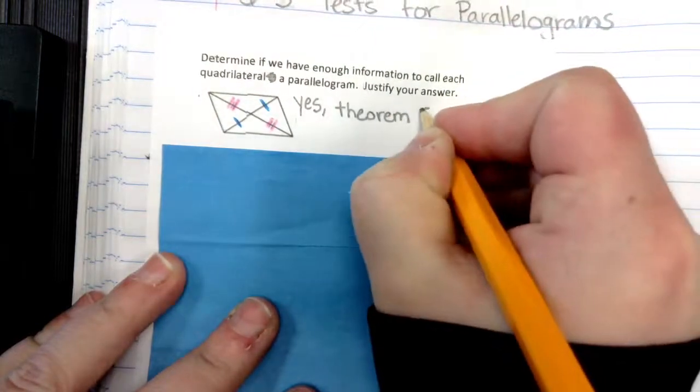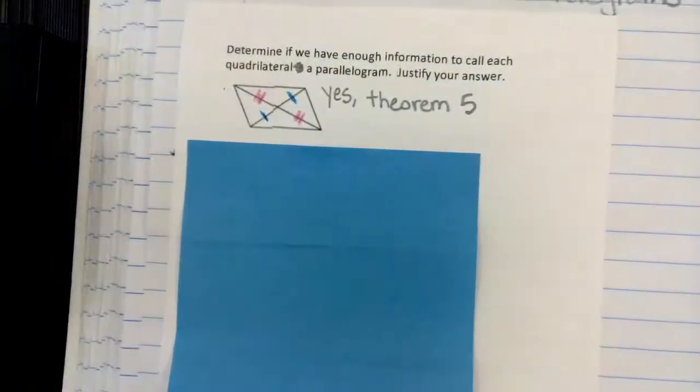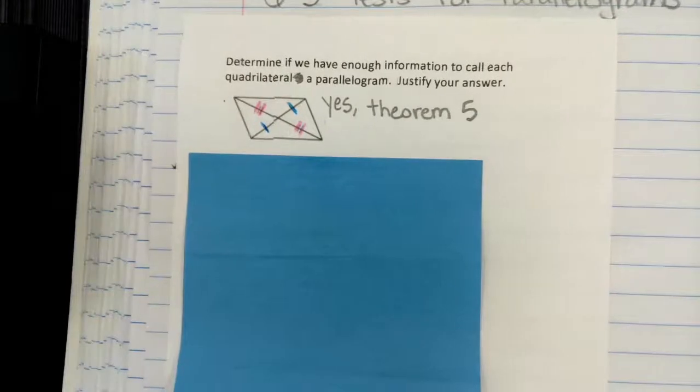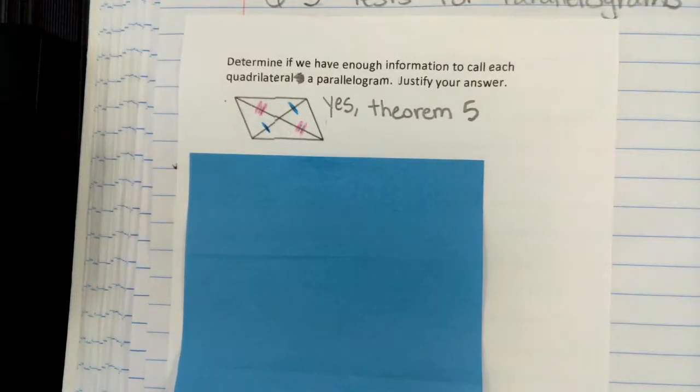5. Now, next year, if you go up to your Algebra 2 teacher or your Advanced Algebra 2 teacher, and you're like, last year I learned about parallelogram theorem number 5, do you think they're going to know exactly which theorem we're talking about? No. We just called it 5 so that when we say 5 in this classroom, you know which one we're talking about. You know where to look.